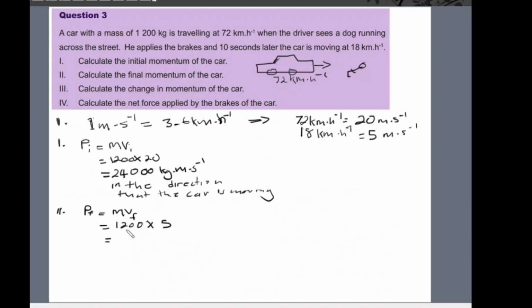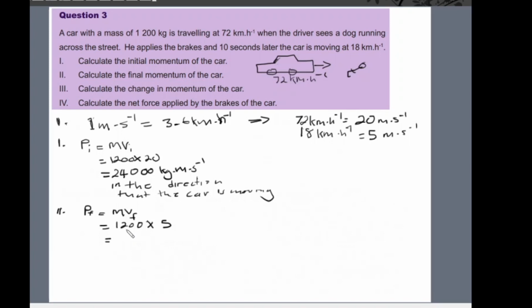So 1,200 times 5, that's 6,000 kilograms meter per second in the direction of the car, in the direction that the car is moving.